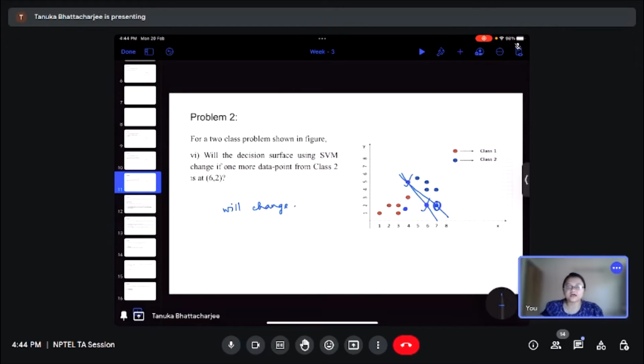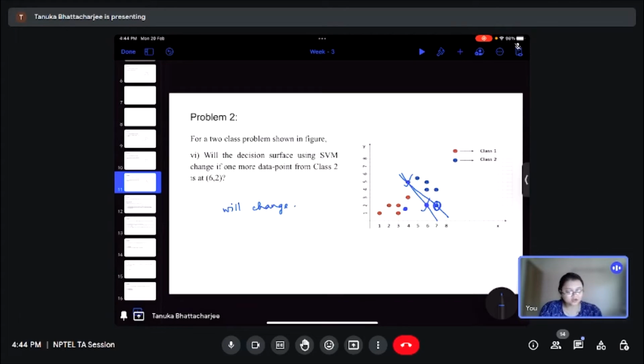You can add that along with maximizing the margin. Here the margin you will compute with the same data points. Along with that, you add one more term in your objective function, that there is a penalty if some data points get misclassified due to this particular decision surface, and you try to minimize both of these.